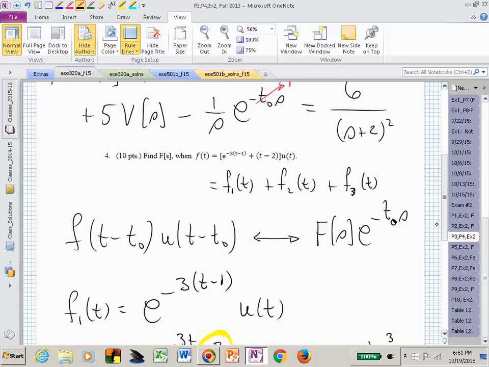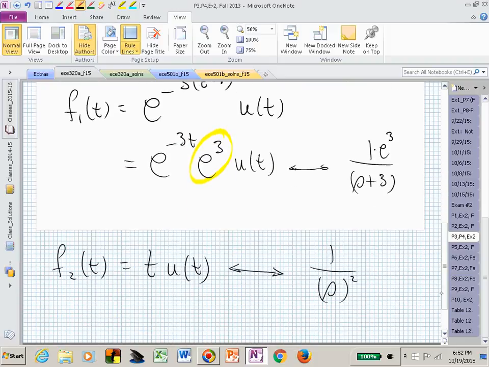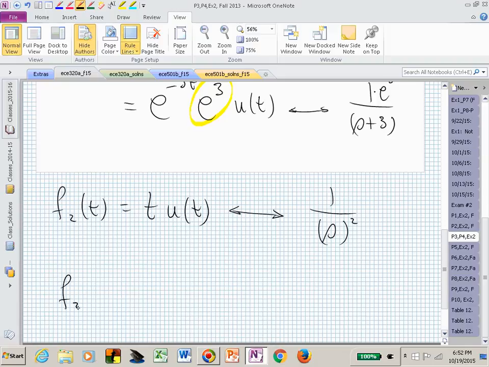And then I have f sub 3. And that's just a weighted unit step. A unit step is 1 over s. The weight on that is minus 2. And now I can just add those three pieces up and I have my answer.